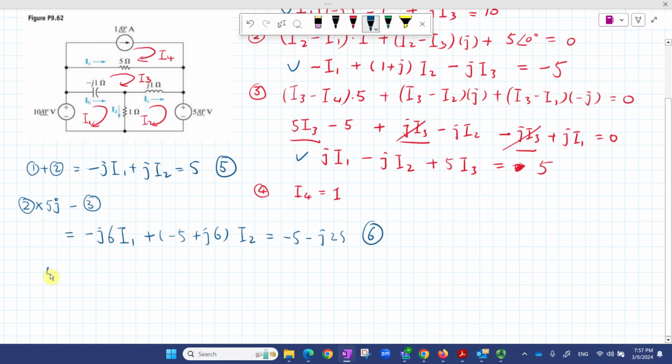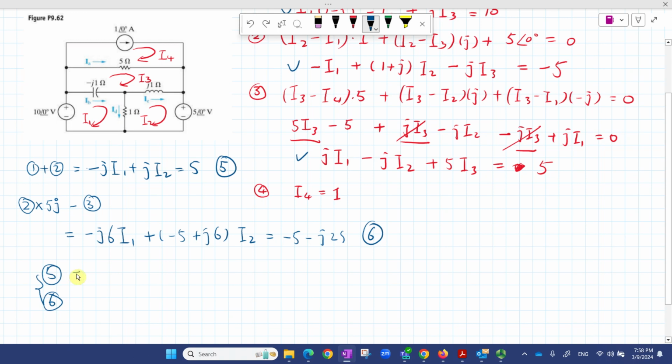So after you have 5 and 6, two equations, from equation 5 we can get the expression for I1.